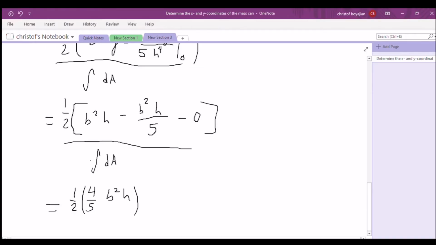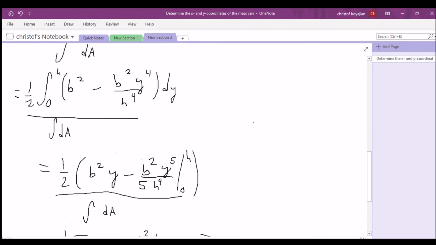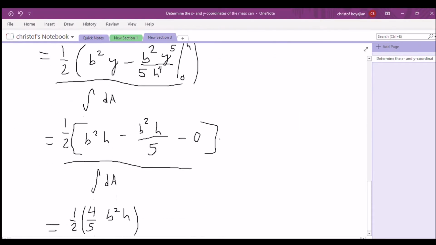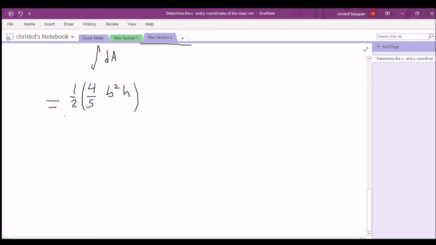And we can go ahead and substitute what our integral of dA was, which we set to be 2/3 bh. So let's go ahead and do that. So it's going to be divided by 2/3 bh.